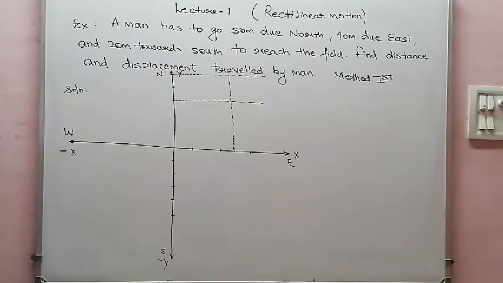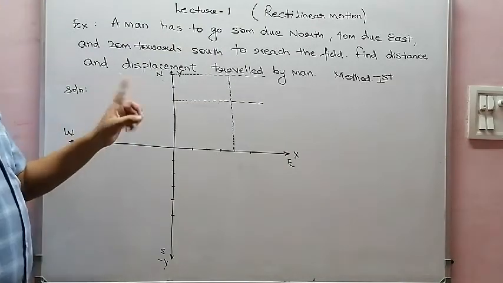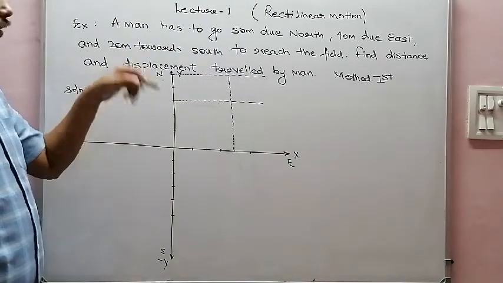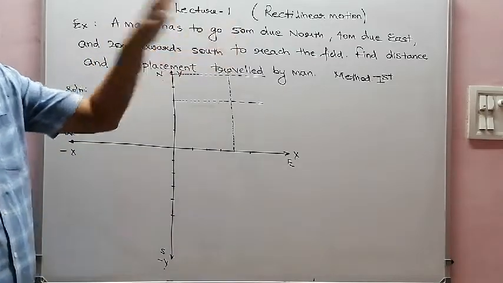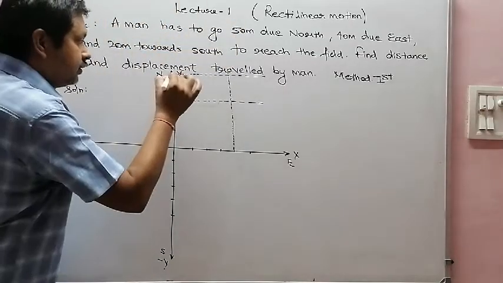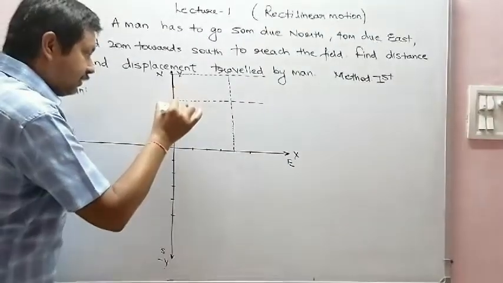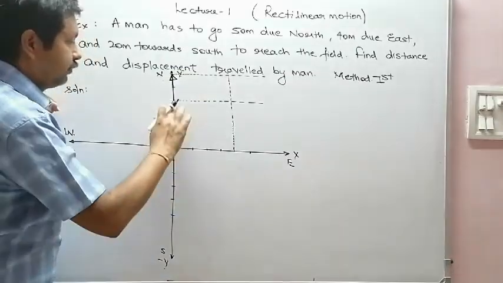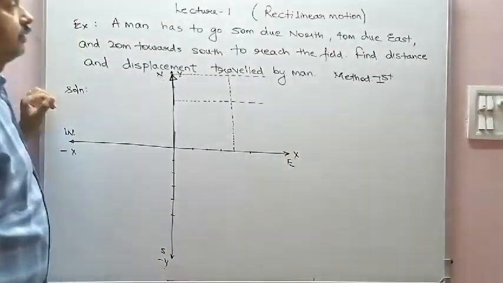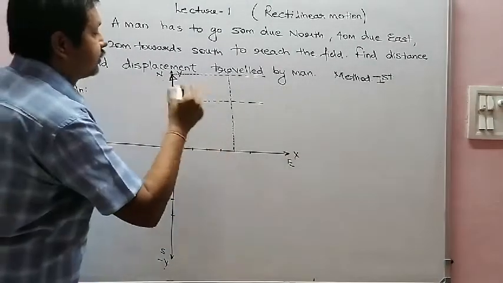For displacement, we draw it first. A man goes 50 meter due north. This is 50 meter due north. Then 40 meter east.